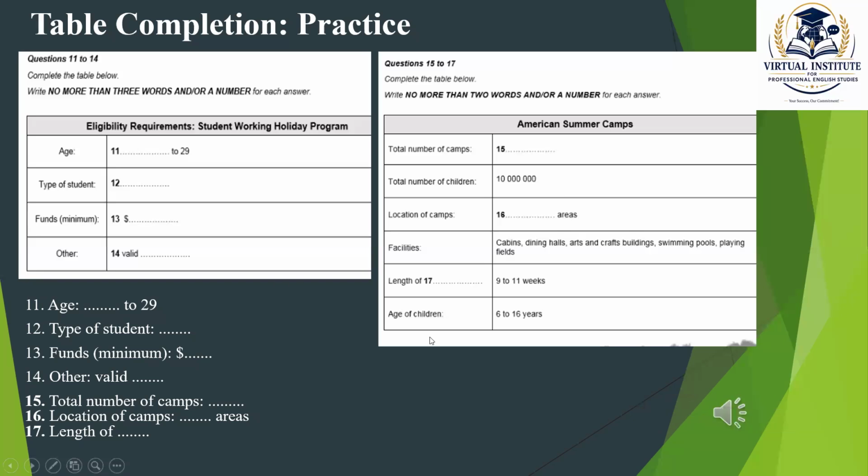Okay. So what is the answer to question number 11? 17. Sir, 17 for first. The first answer is not 17. It is 18 to 29.